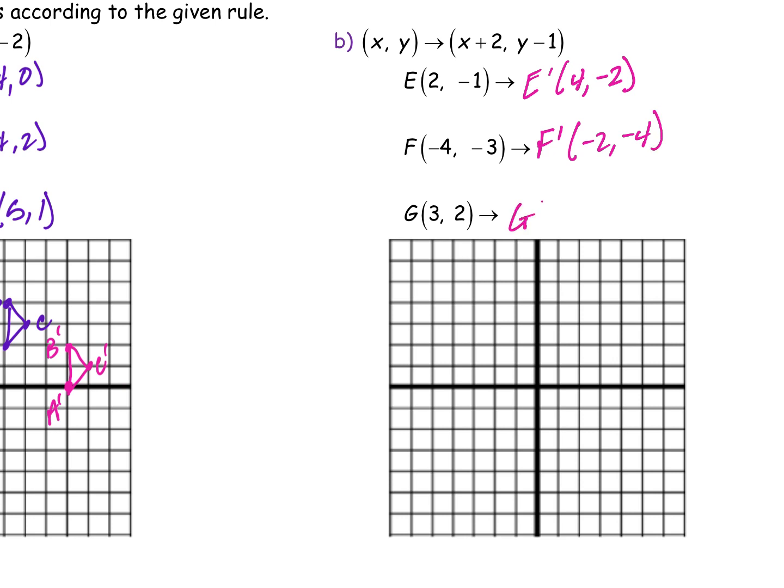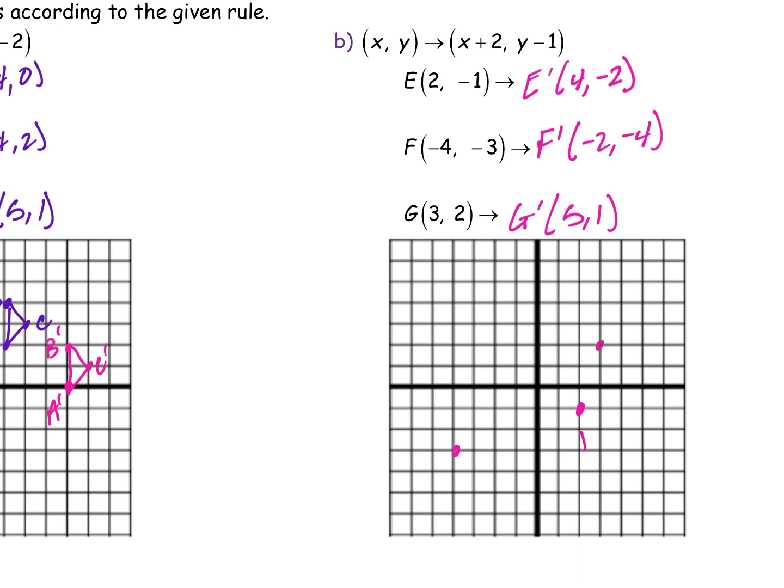And then F prime would be negative 2, negative 4. And G prime would be what? 5, 1, good. So we've got 2, negative 1, negative 4, 1, and 3, 2.